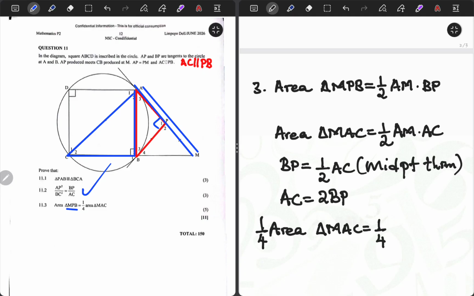The area is half base, which is AM, multiplied by height, which is AC.